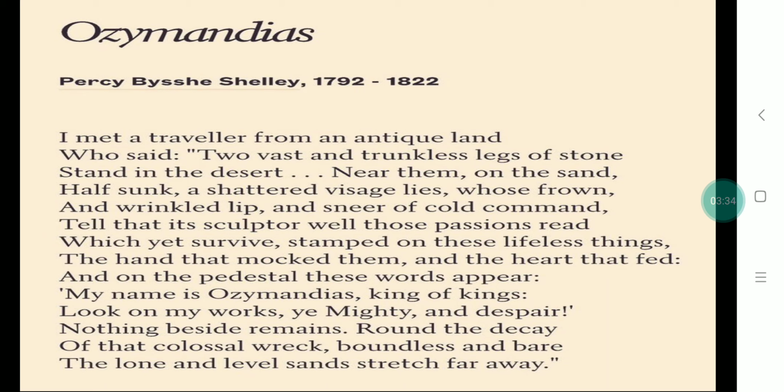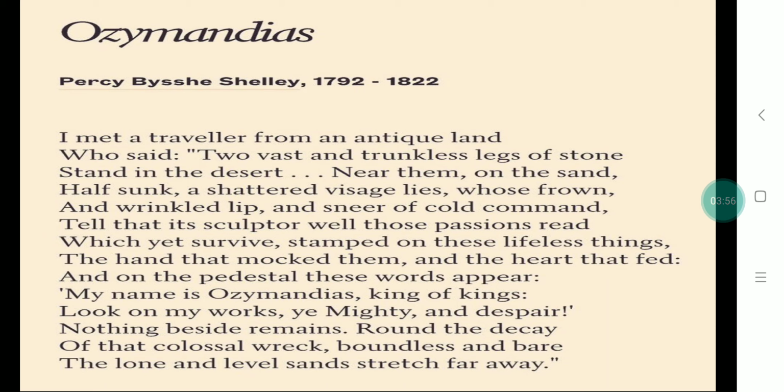Near them on the sand, half sunk, a shattered visage lies, whose frown. So near those legs lay, half sunk. Half sunk means half of it was buried inside the sand and half was visible. A shattered visage lies. Shattered means broken. Visage is face.